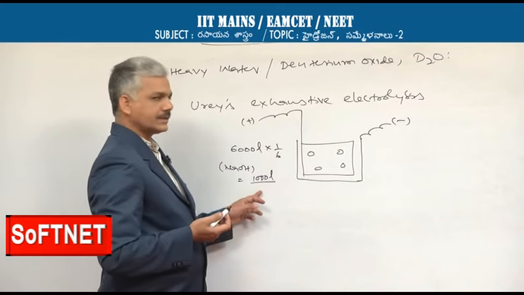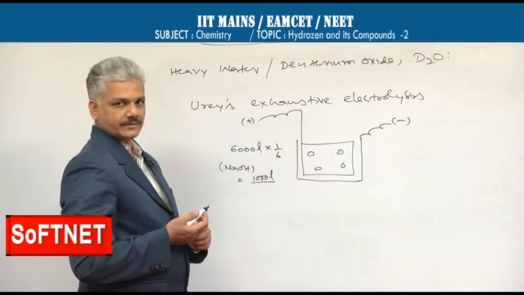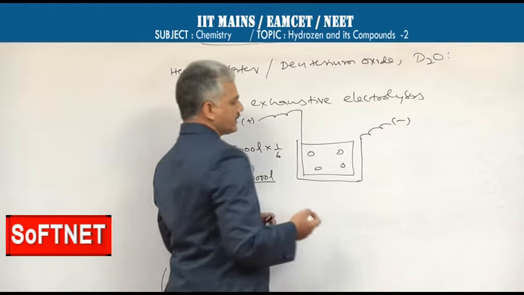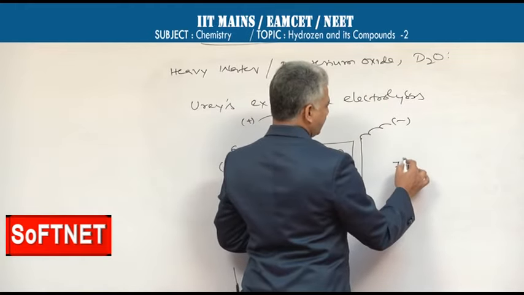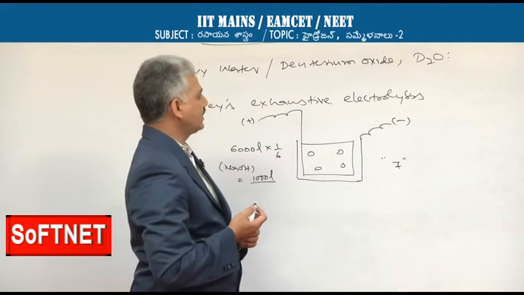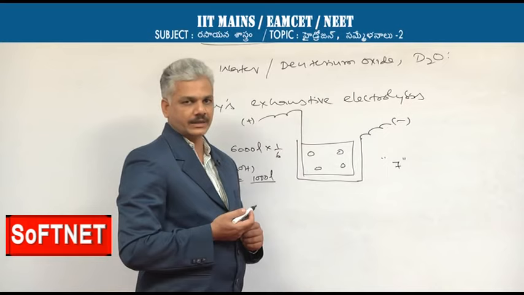The resultant 1000 liters is shifted to the second stage. Again the process is repeated. Like that, the process is repeated in 7 stages. At the end of the 7th stage, 100% pure heavy water is obtained.